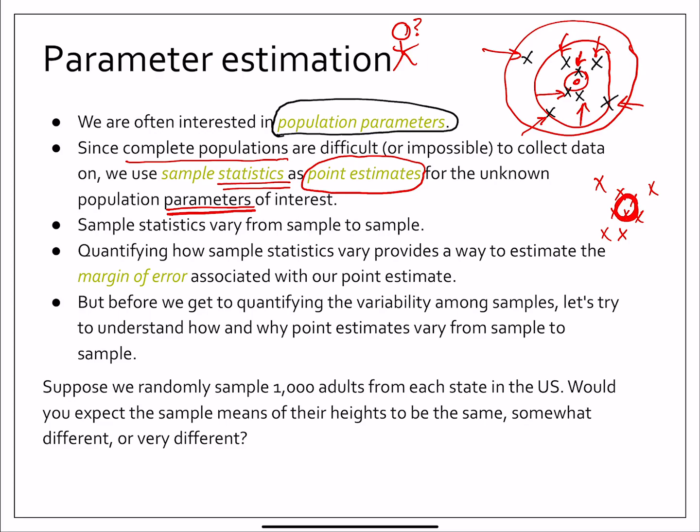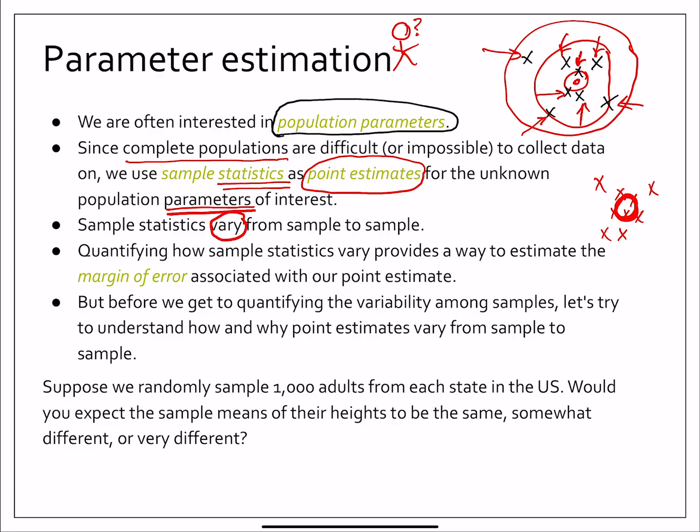Right? Now, when we do sampling statistics, when we take statistics from samples, every time we take a sample, if we just did the same population and we just took a bunch of samples out of that population, each of those statistics would vary from one sample to the next sample. They wouldn't all be the same, right?